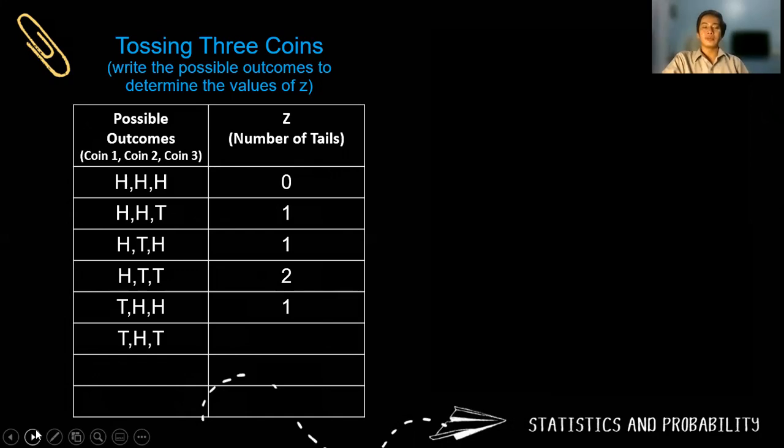Next, tail, head, tail. How many tails did we get? Very good, 2 tails. Tail, tail, head, so we also have 2 tails. And the last possible outcome in tossing 3 coins is tail, tail, tail. So how many tails do we get?